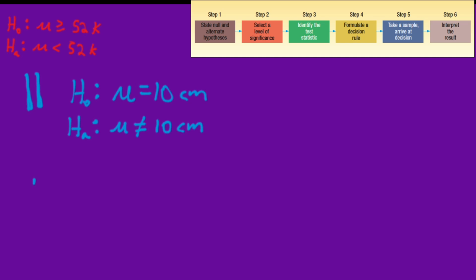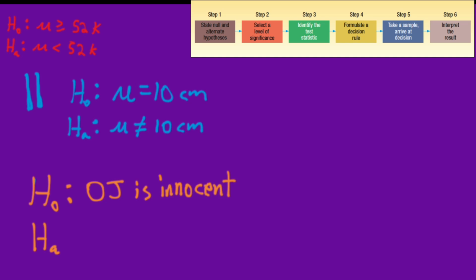And one that might be helpful to talk about specifically when we move on to step 2 is that of OJ is innocent. OJ being the running back who was accused of murdering his wife from back before many of you were born.